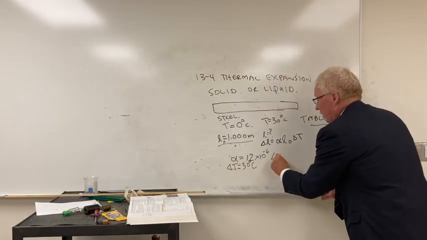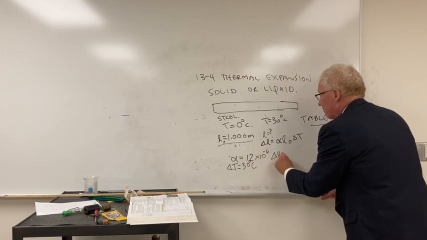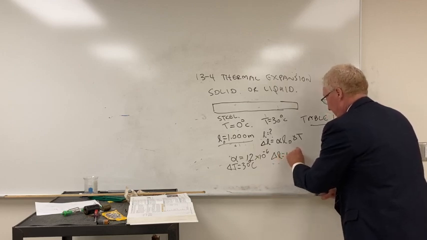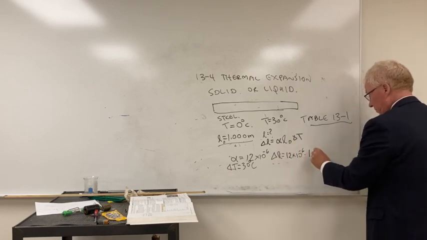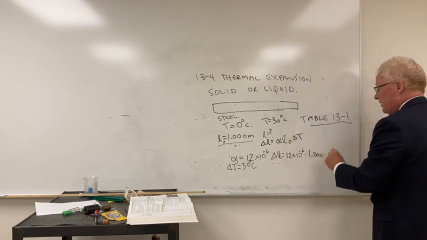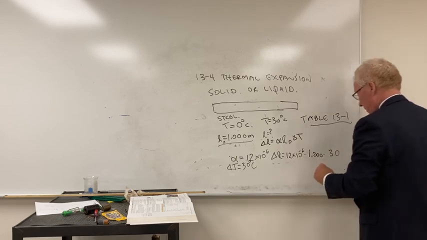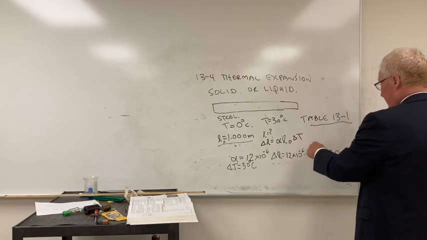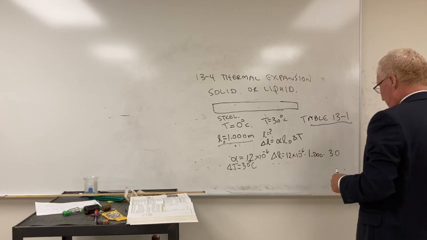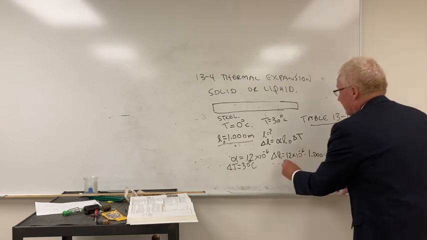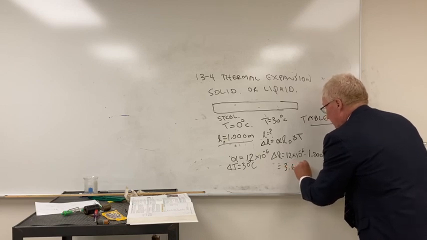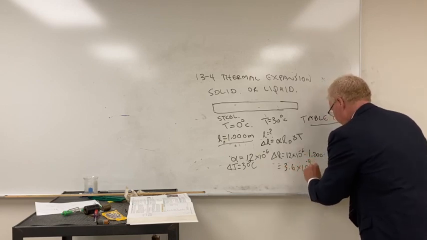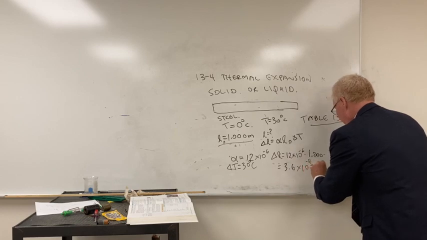So delta L, the change in length, would be 12 times 10 to the minus 6th times 1.000 times 30, which would be 360, or 3.6 times 10 to the minus 4th, or about 0.34 millimeters.